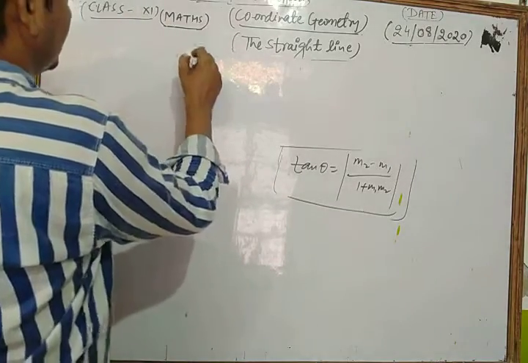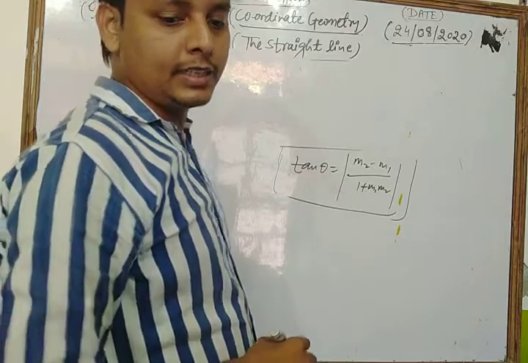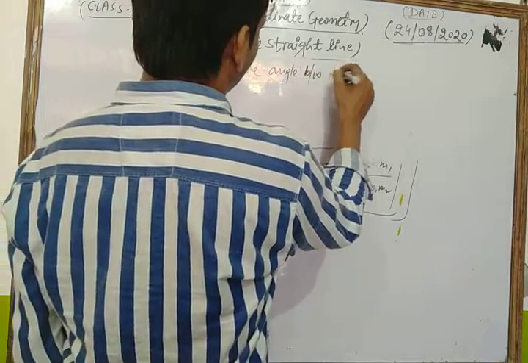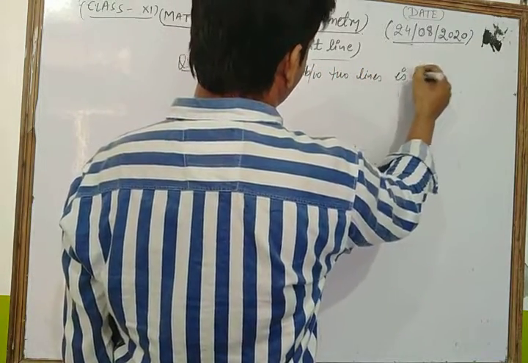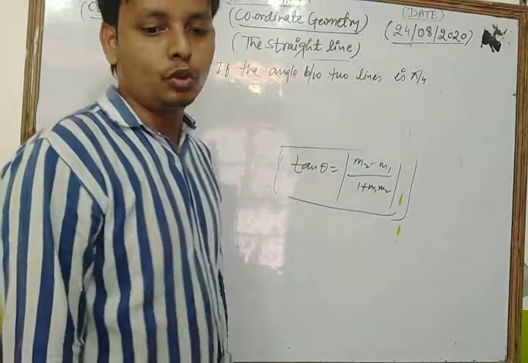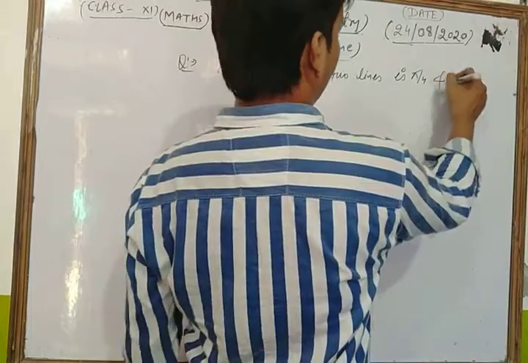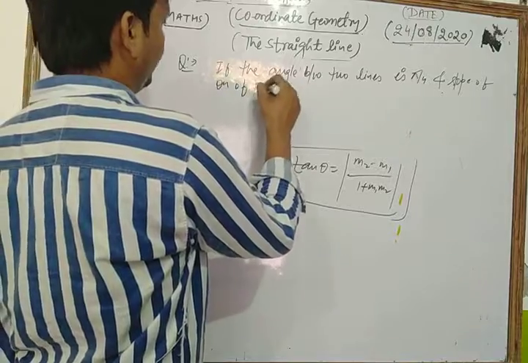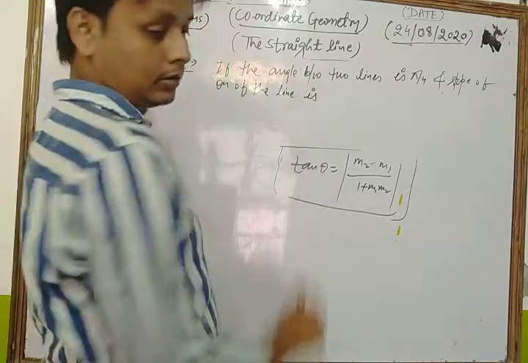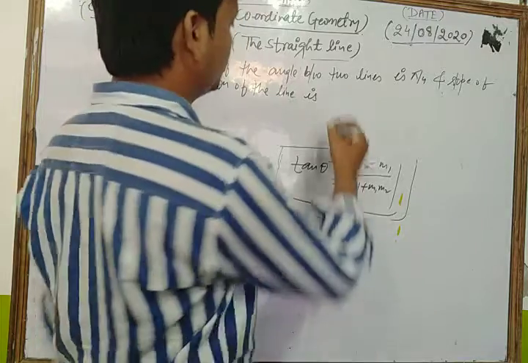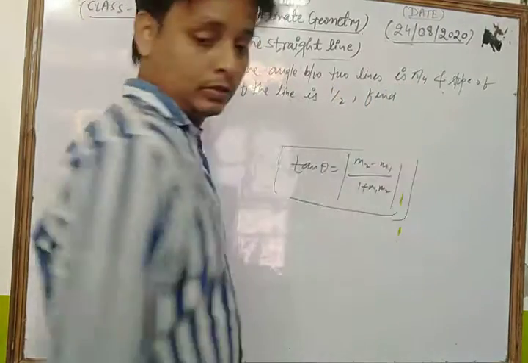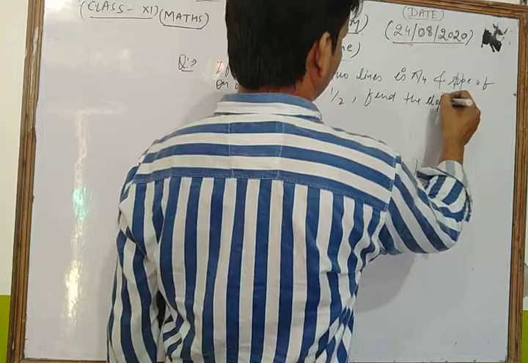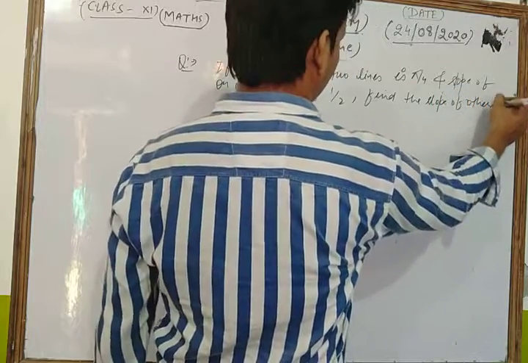Your question is: if the angle between two lines is pi by 4, and the slope of one of the lines is 1 by 2, find the slope of the other line.